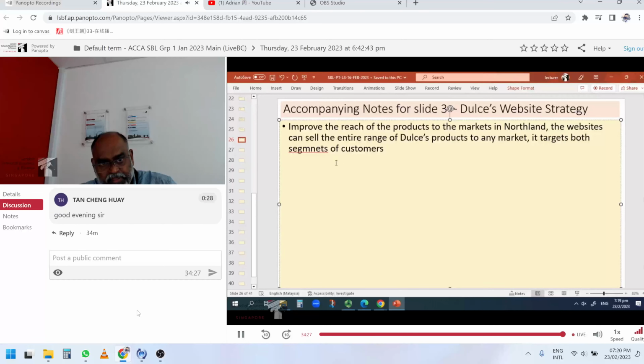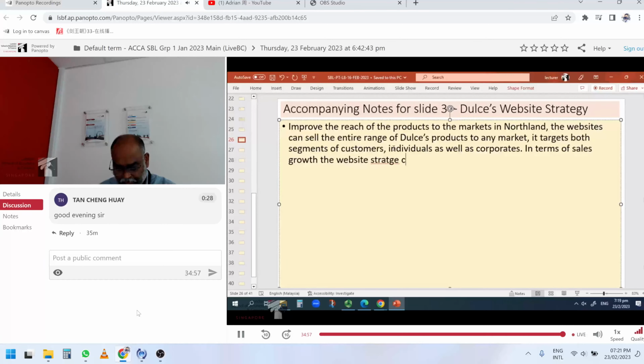Okay, it targets both segments. It targets both segments of customers, individuals, as well as corporates. Okay, individuals as well as corporates. In terms of sales growth, the website strategy can encourage greater market penetration.